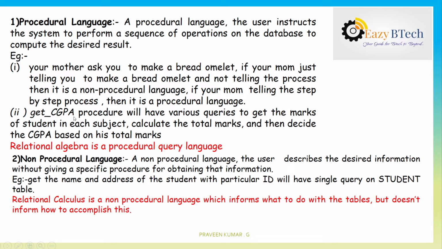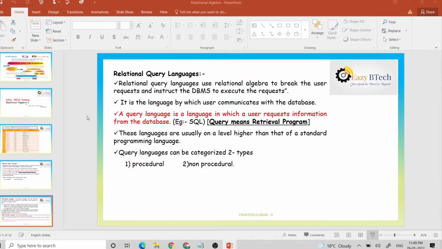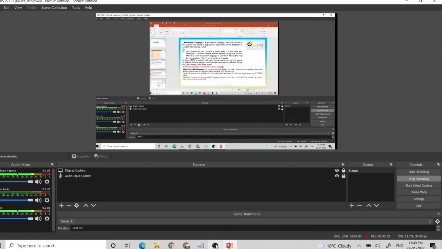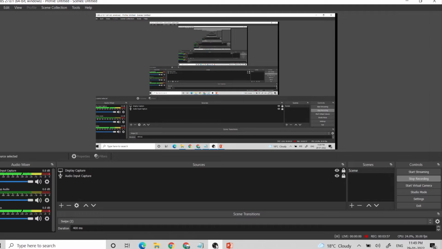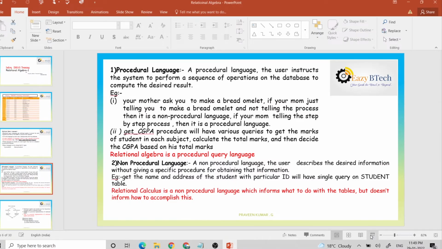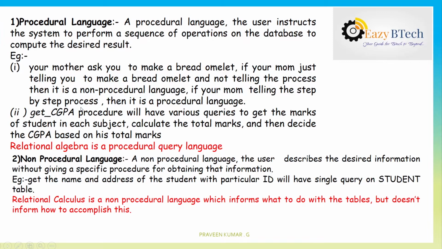Another example is getting your CGPA. How do you calculate your CGPA? You use your total marks from B.Tech first year to last year. Suppose you are in the fourth year. You take the marks of all subjects from first, second and third year, find the total, and divide by the number of subjects.